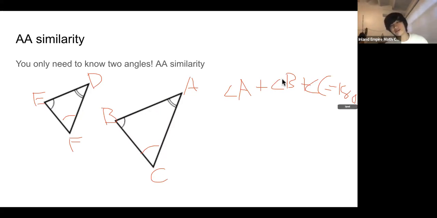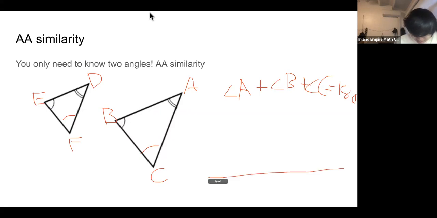You guys learned about why the sum of all angles in a triangle equals 180 degrees. Okay, so I think just a quick explanation would be warranted here.